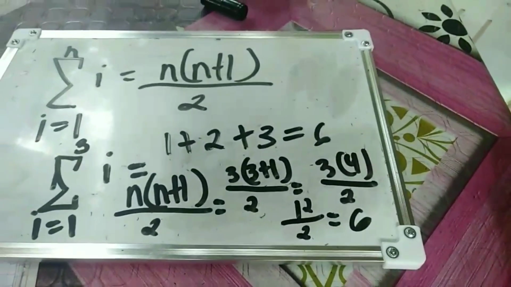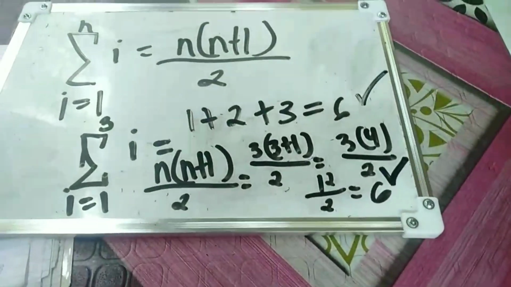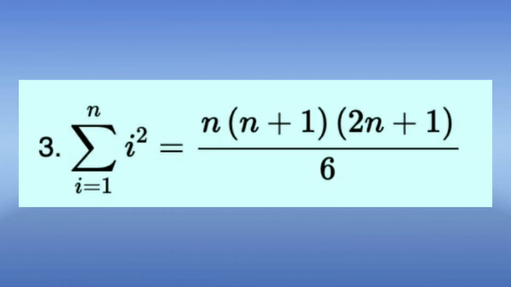So that's true. If we see, same sila dito at dito. So tama yan. So the third formula is summation from i equals 1 to n of i raised to 2 equals n times n plus 1 times 2n plus 1 divided by 6.